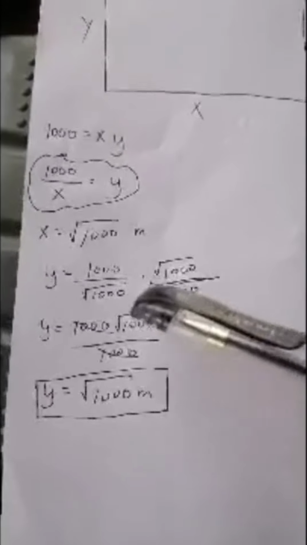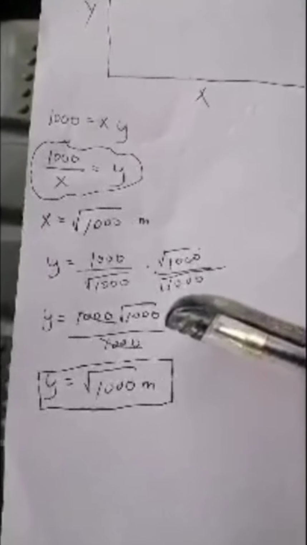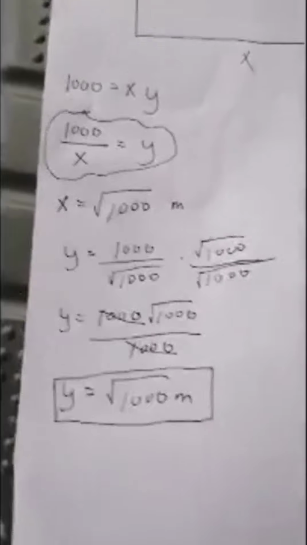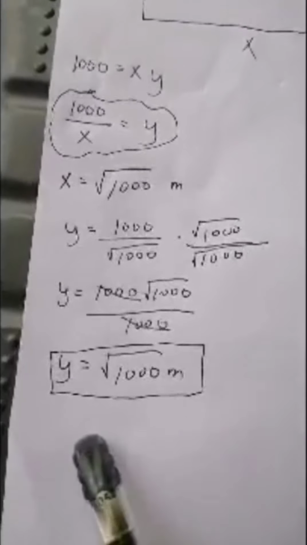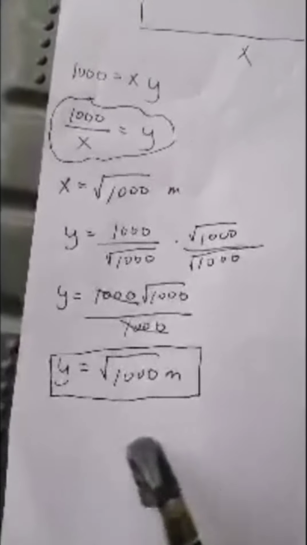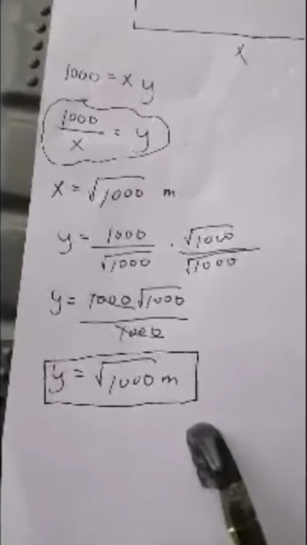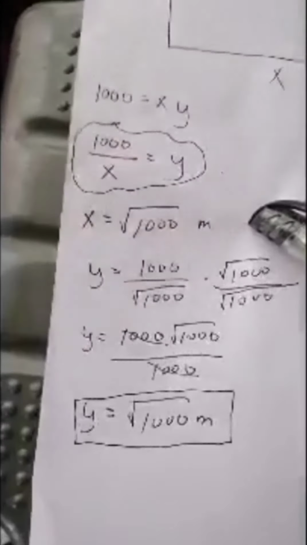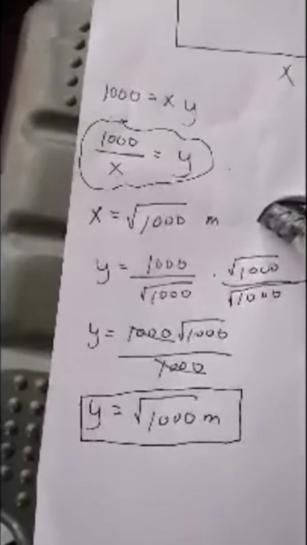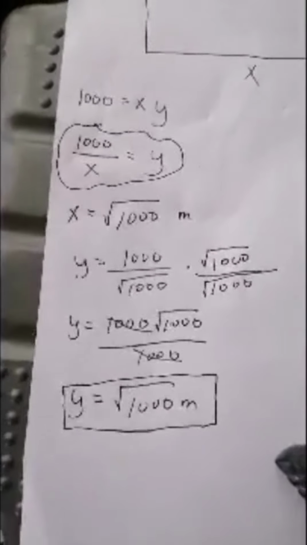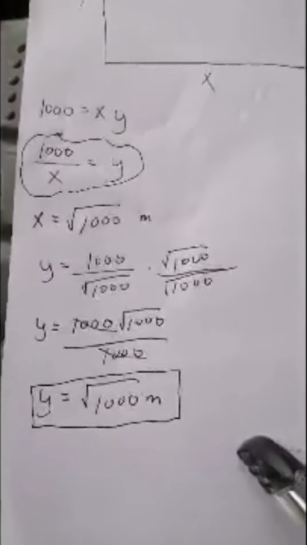Let's cancel both 1,000s. So y is equal to the square root of 1,000 meters. So we have x as the square root of 1,000 meters and y as the square root of 1,000 meters. That would be all, and I thank you.